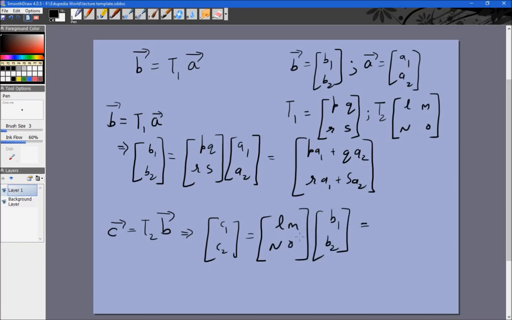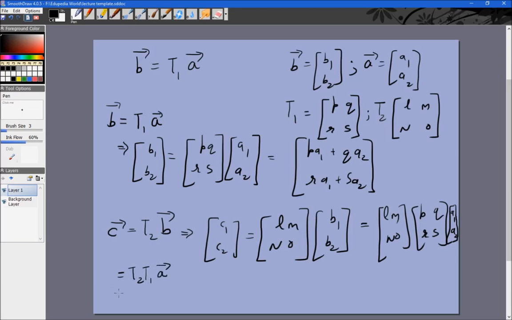But we can substitute B1, B2 from here. It would be LMNO times PQRS times A1, A2. Right. So here we can write it as T2 times T1 times A.